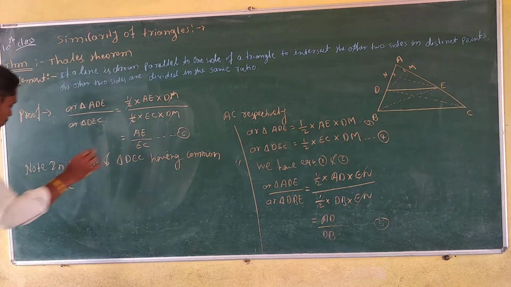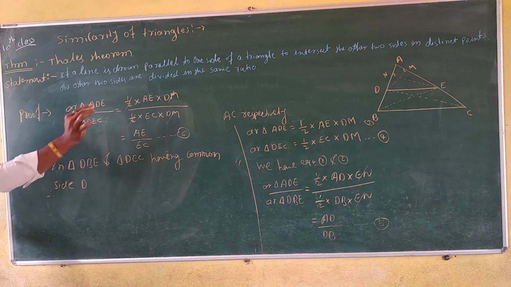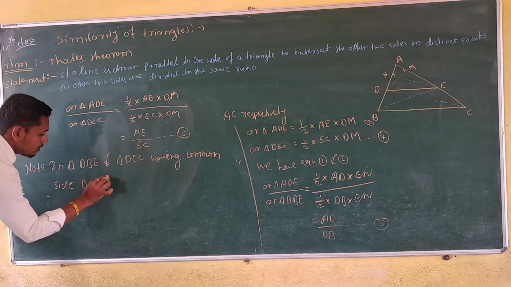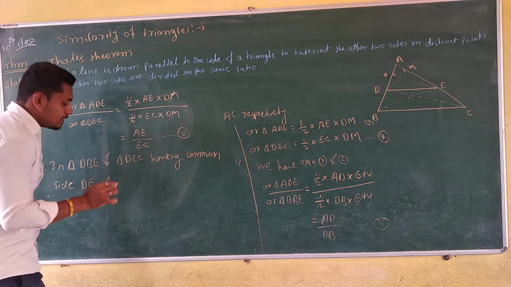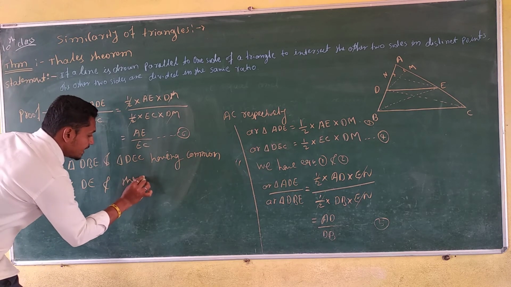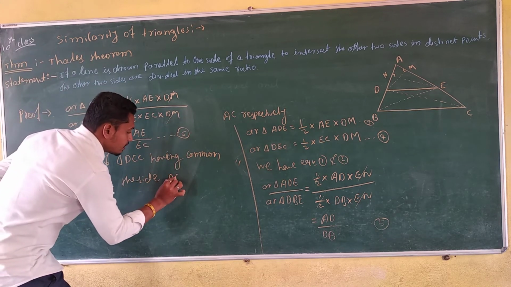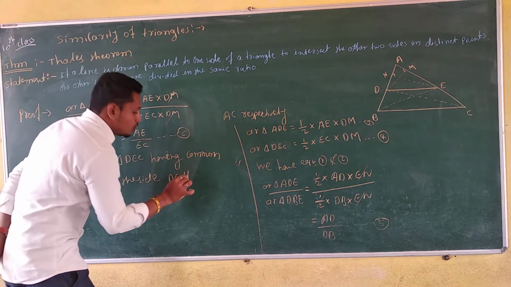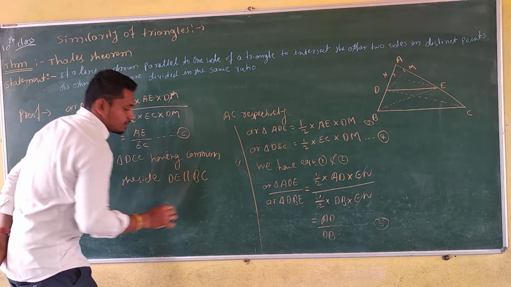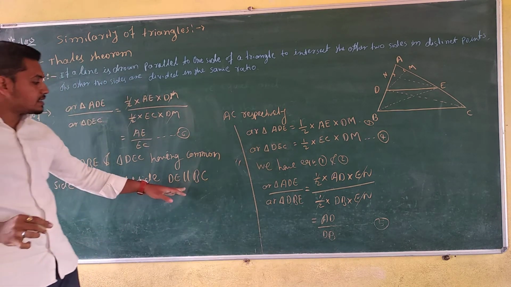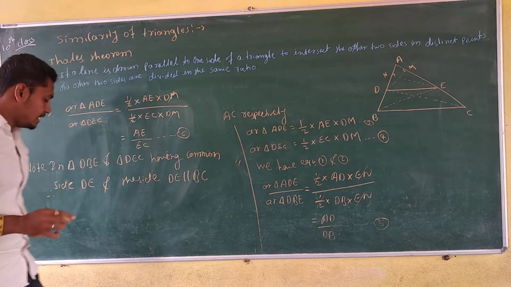Is it right? And the side DE is exactly parallel to BC. Okay, DE is parallel to BC.